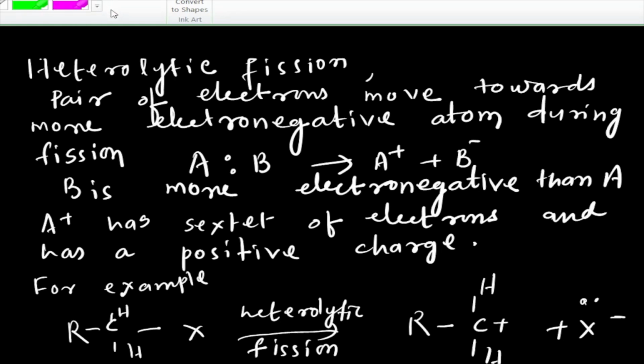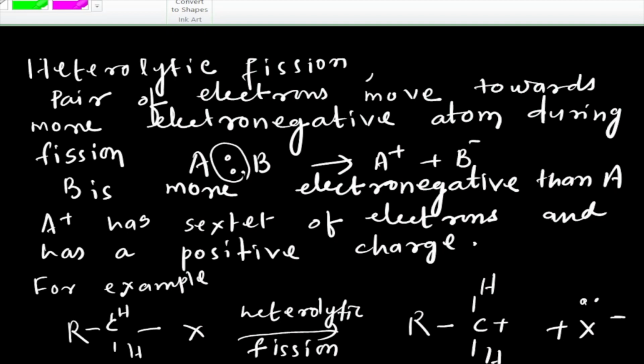Here the pair of electrons represents the covalent bond, and one atom should be highly electronegative and the other lower electronegative. That means when the electron pair moves towards B, B acquires a negative charge, so B is more electronegative than A. A plus has a sextet of electrons.